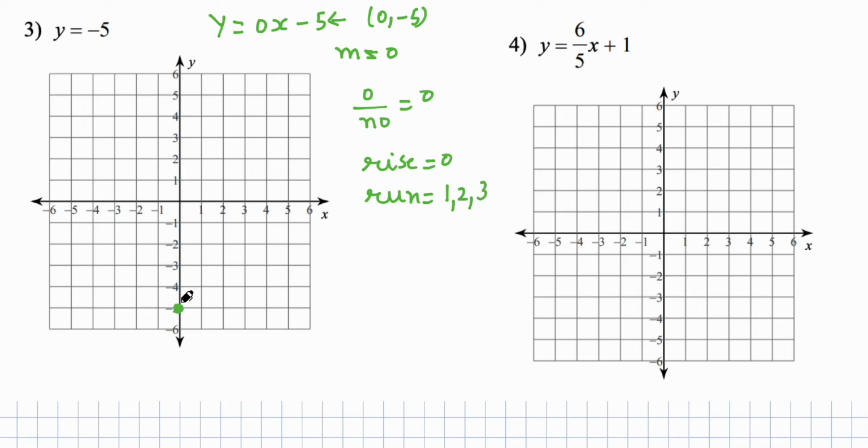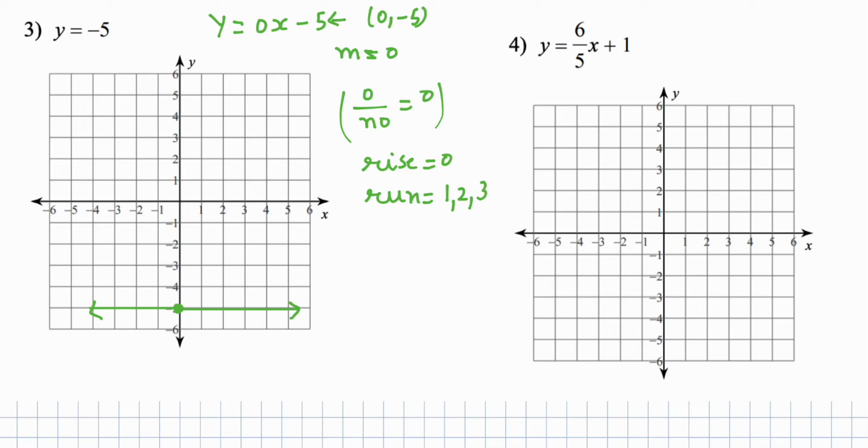So there is no rise, but we are running, in both directions. In this case, our line is parallel to the x-axis. Whenever you see an equation where some term is missing, that means the coefficient is 0. And when the slope is 0, try to understand this point: rise is 0 and run can be any number. So this is our graph, parallel to the x-axis.